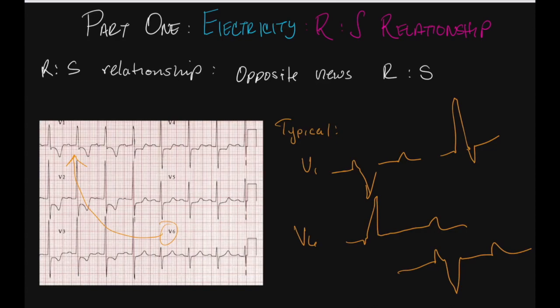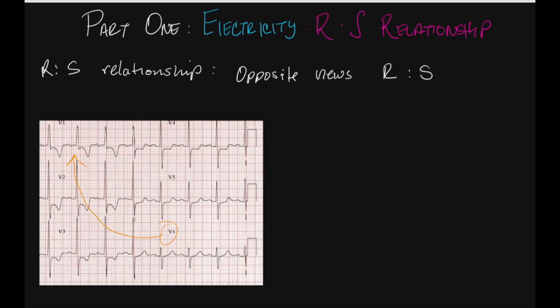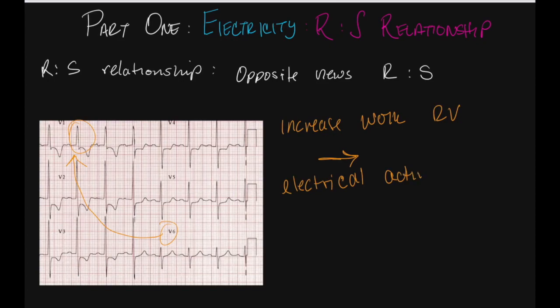And that's going to be a common theme we see, this theme of symmetry in the 12 lead, where if one view is giving you increased work in the right ventricle, which is causing the electrical activity to flow towards the right ventricle, well, then this means the electricity is flowing away from the left ventricle.